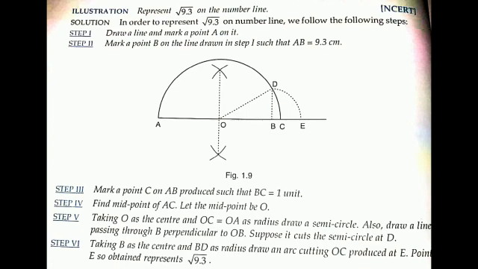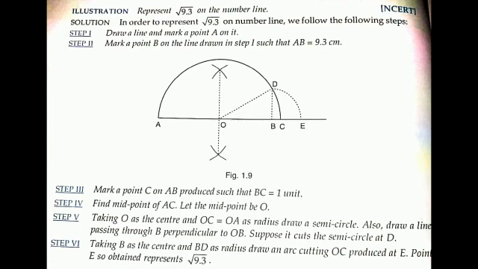Next step, find the midpoint of AC and let the midpoint be O. How can we obtain the midpoint? By constructing the perpendicular bisector of AC. Taking O as center and OC equal to OA as radius, draw a semicircle as it is drawn here. Also draw a line passing through B perpendicular to OB. Suppose it cuts the semicircle at D.